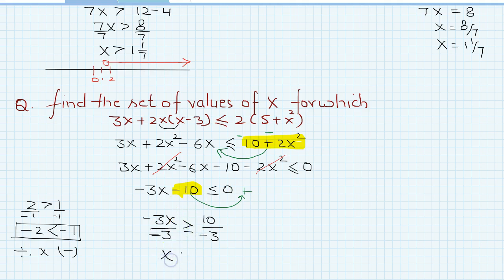So x is greater than or equal to minus 10 over 3. This is 3 times 3 point something, negative. So this is the solution of it.